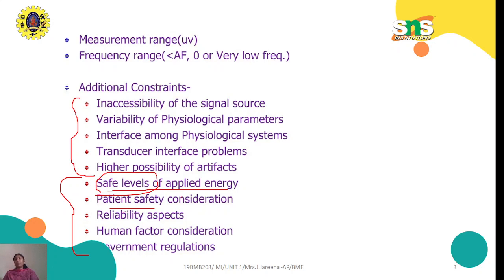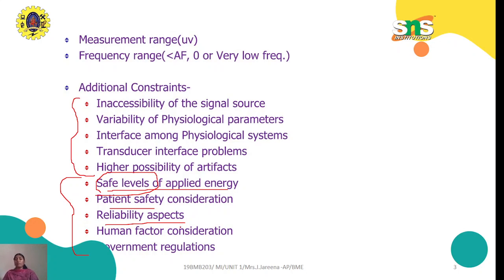Here they have listed it as patient safety consideration. Third one is reliability aspects. Do you know what reliability means? Reliability means that under any circumstance, any condition, or any environmental factors, the device is supposed to work within its normal range.